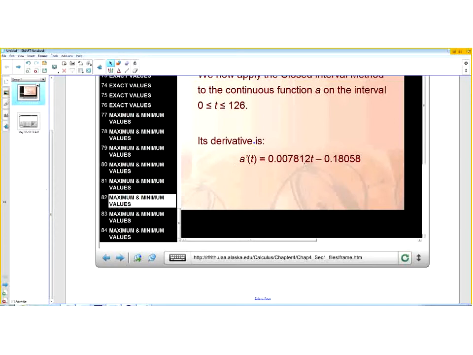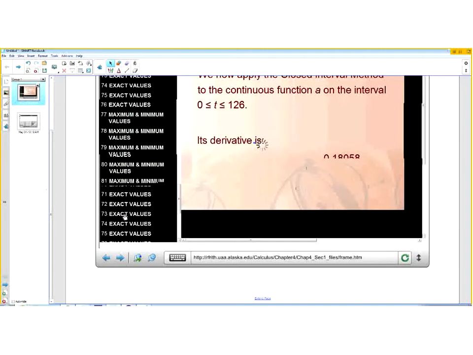In this case, the derivative of the acceleration function is a straight line, so for this problem we only need to find three numbers, because there's only one solution for the straight line crossing the x-axis. So we'll analyze the endpoints as well as where a prime of t is equal to 0.